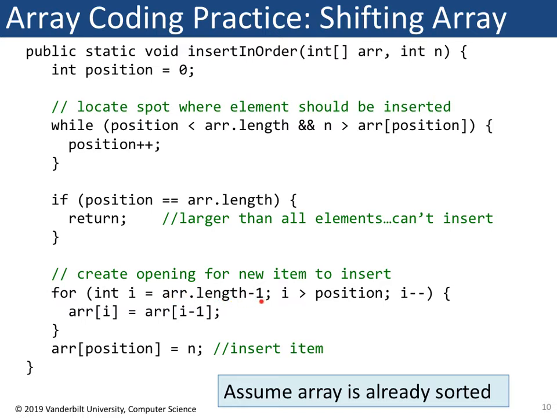So array length minus 1 is always our last index. And we're going to continue to process as long as I is greater than position. And we're going to update I after each execution of our loop by subtracting 1.